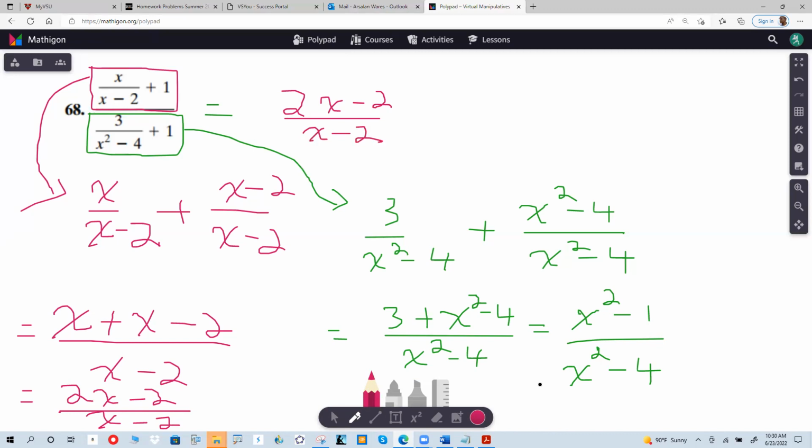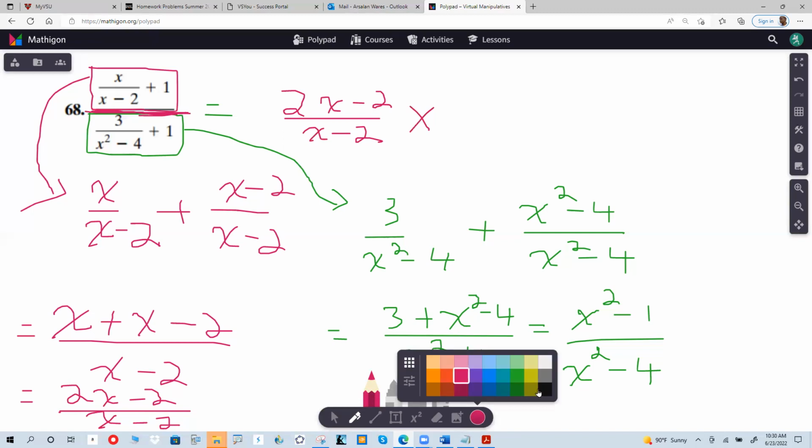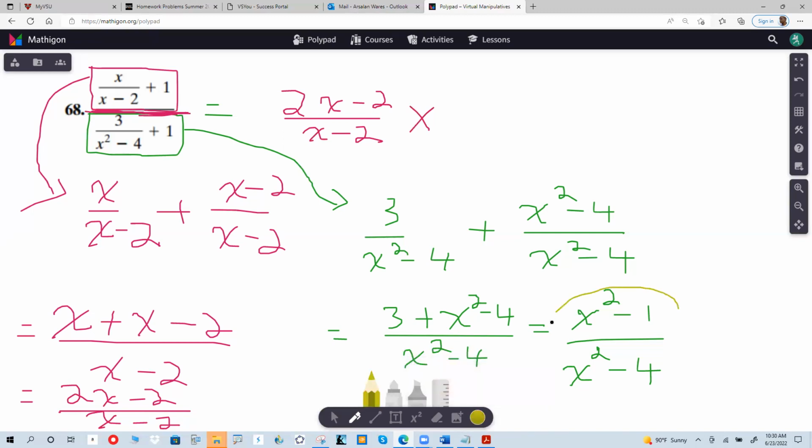Remember, guys, there is a line here. I know I drew my red line on top of it, but it's still there. That's a division symbol. I'm going to make it multiplication. The moment I turn it into a multiplication symbol, this guy must be flipped.